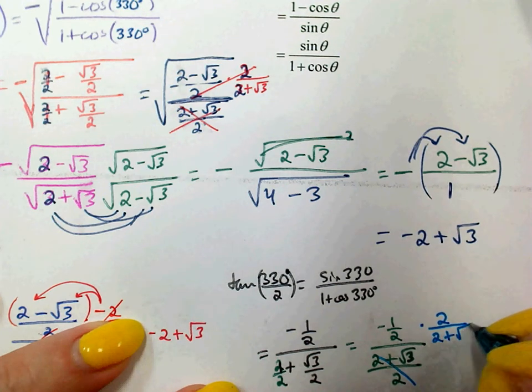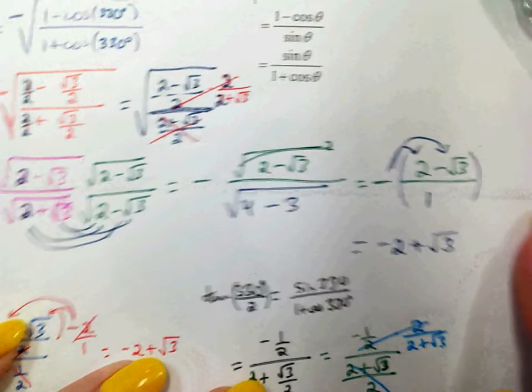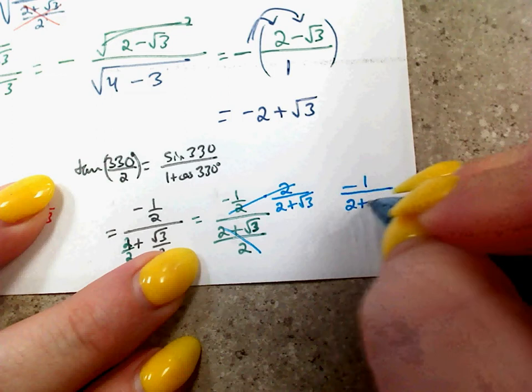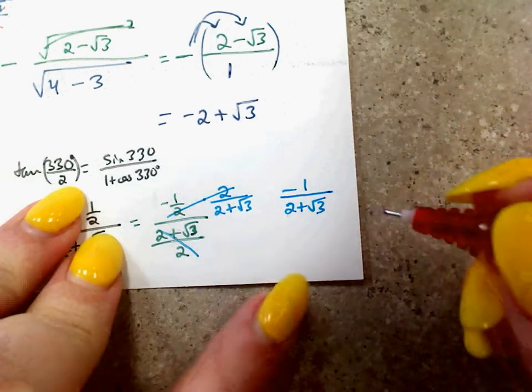Those go away, and I'm left with negative 1 over 2 plus the square root of 3. But we've got to rationalize, so we're going to multiply top and bottom by 2 minus the square root of 3.